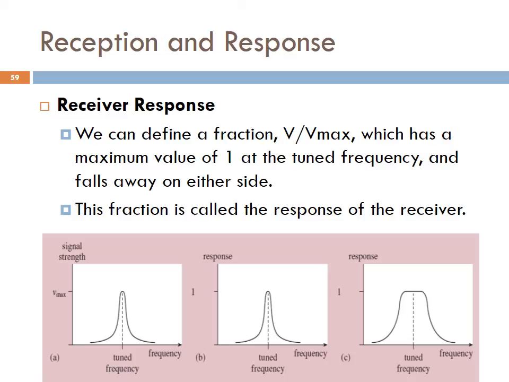Okay, so how to solve this problem? This fraction is called the response of the receiver. So how can we filter the received signal based on the response represented in the first part of the figure?